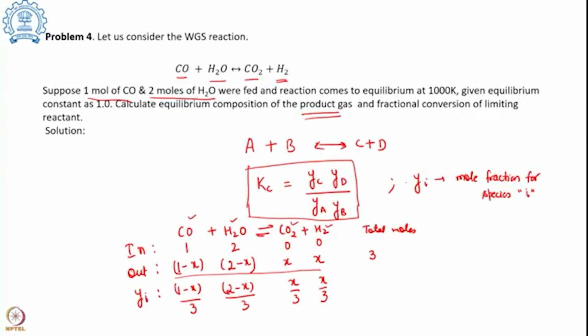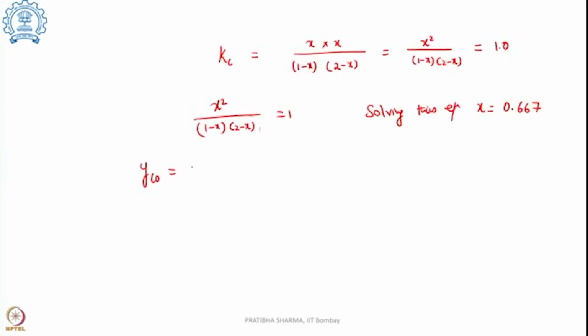If we just look back, for CO the mole fraction is 1 minus x upon 3. Let us substitute that, and on substituting we get a value of 0.111. Same way we can find out the mole fraction for the rest of the species, like for H2O this is 0.444, for CO2 it is 0.222, for hydrogen this is again 0.222.